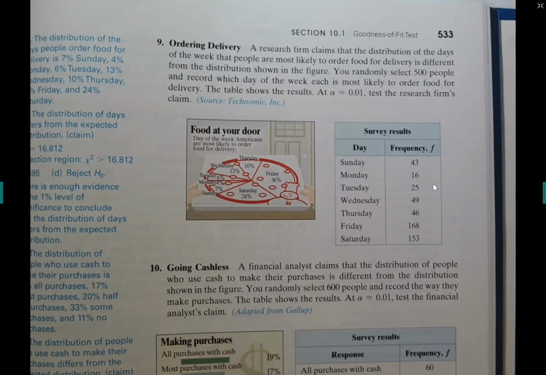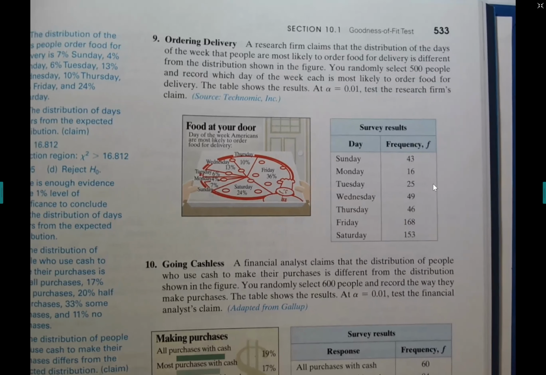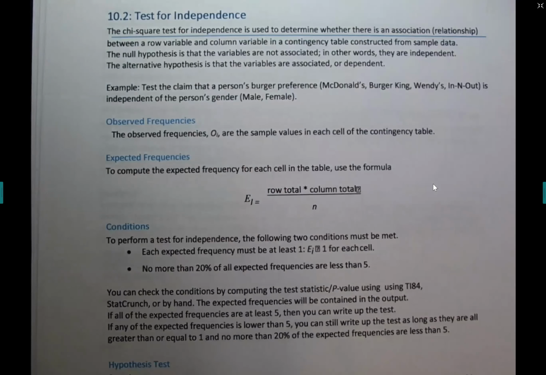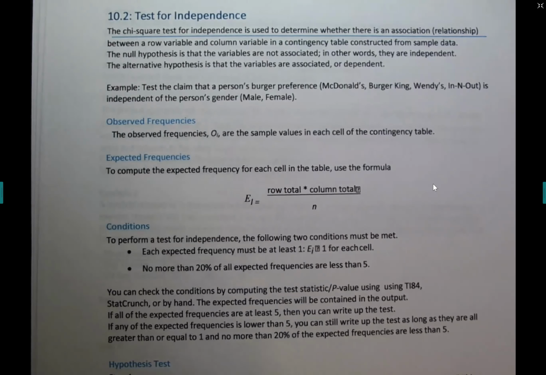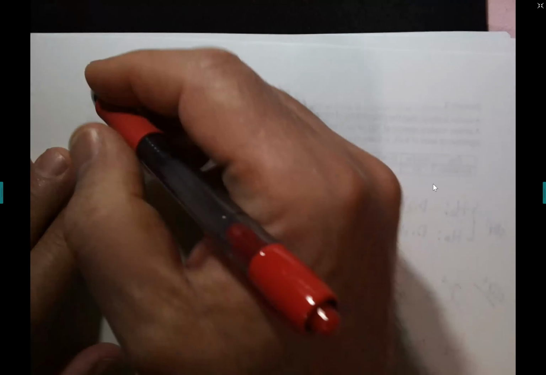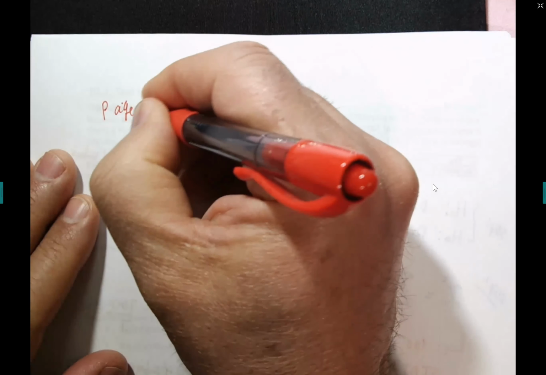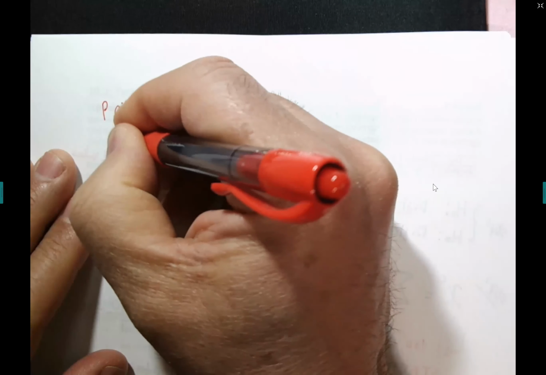So let me write down the null and the alternative hypotheses. Okay, so number 9, page 533. That's number 9.